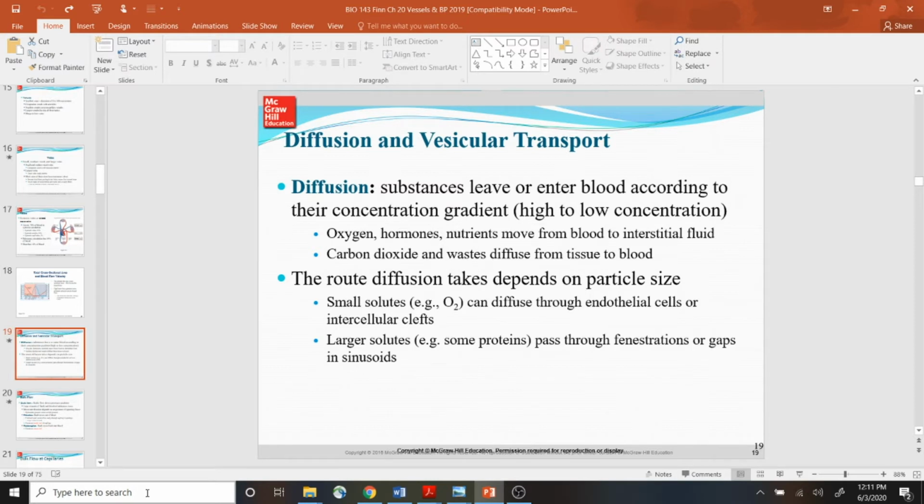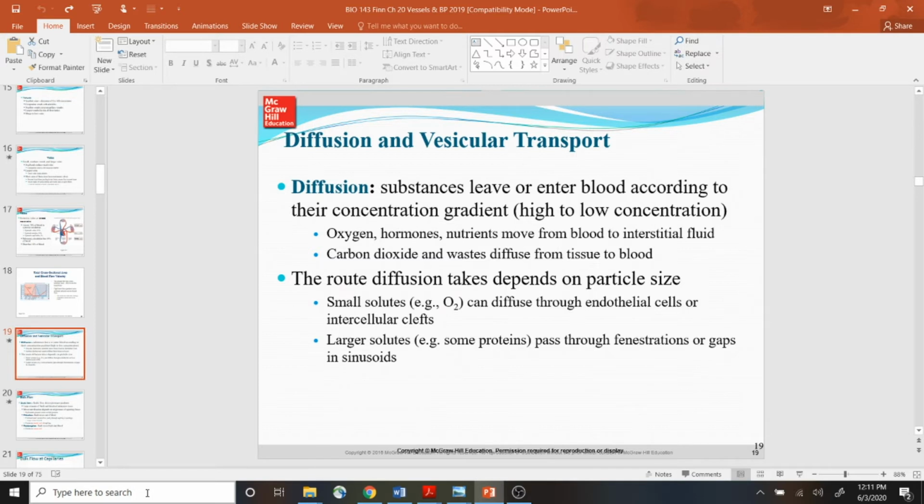That's why we have different types of capillaries in different areas of the body where you might need bigger or smaller substances to leave. Typically for vesicular transport, endothelial cells use a process called pinocytosis, and you form those fluid-filled vesicles, and then they're transported to other sites by exocytosis too. Hormones tend to do that.